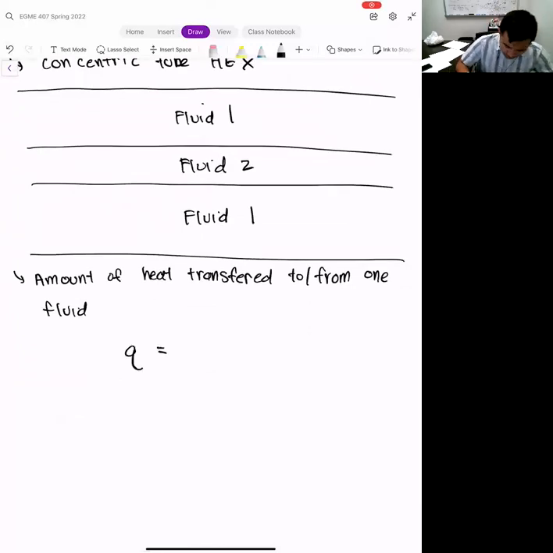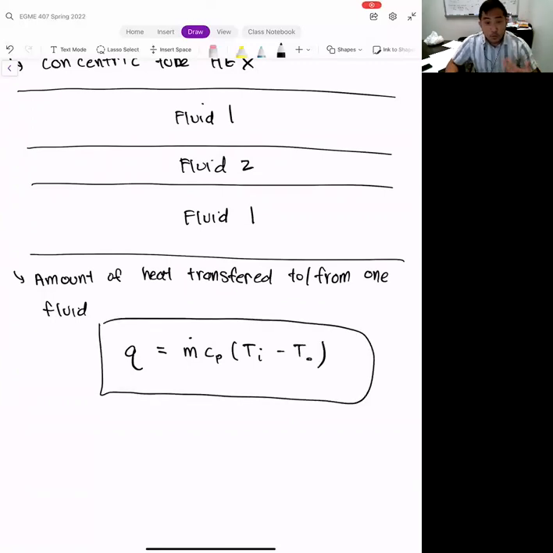We have Q is equal to m dot, which is the mass flow rate of the fluid going into that particular pipe, times Cp, which is the thermal capacity of that fluid, multiplied by the difference between the inlet temperature and the outlet temperature. And recognize that this is just for one fluid. Remember, in heat exchangers, you have two fluids. If you're just looking at a single fluid, this is the amount of heat transfer that occurs within that one fluid.